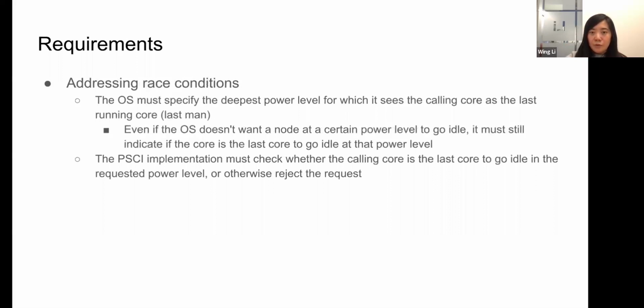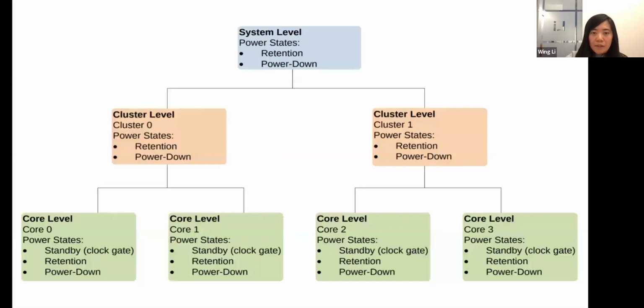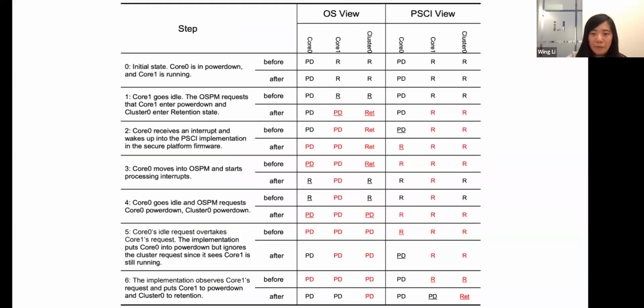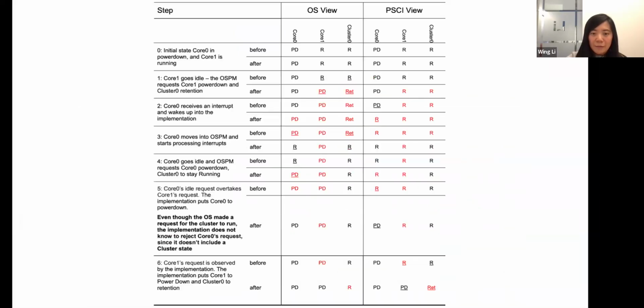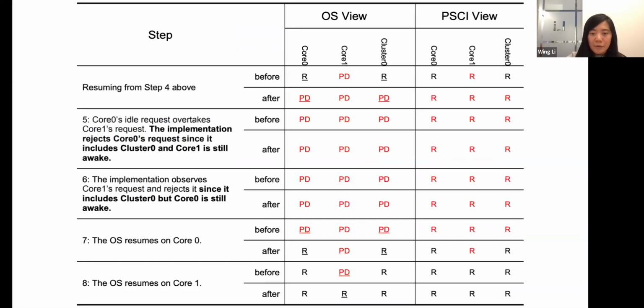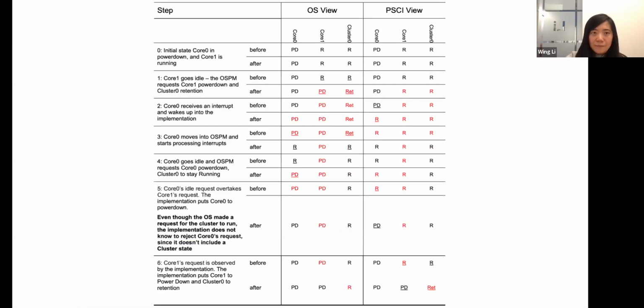And two, the PSCI implementation has to make sure that the calling core is really the last core to go idle, so that it can actually validate that the request is valid. I was going to go over examples of the race conditions, but it's actually in the spec, so maybe we will skip that unless we really want to go over it. Maybe we'll go over the second example.